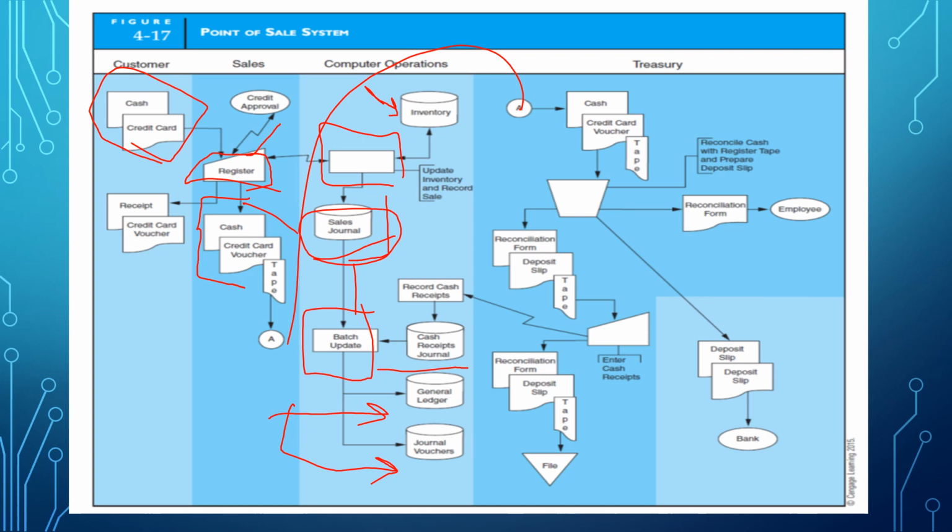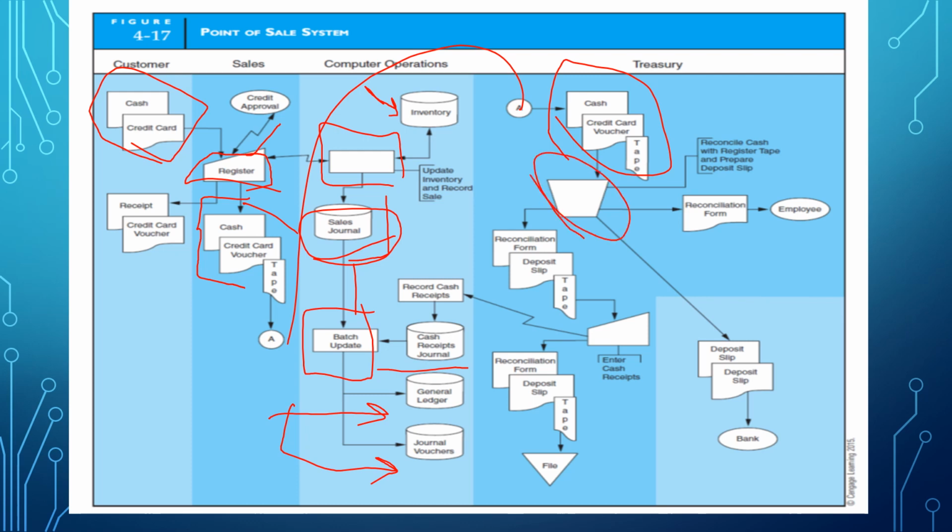And then at the end of the day or end of the shift, the internal registrar cashier will come to collect the cash and reconcile the cash with the credit card vouchers and tape, and try to reconcile manually.